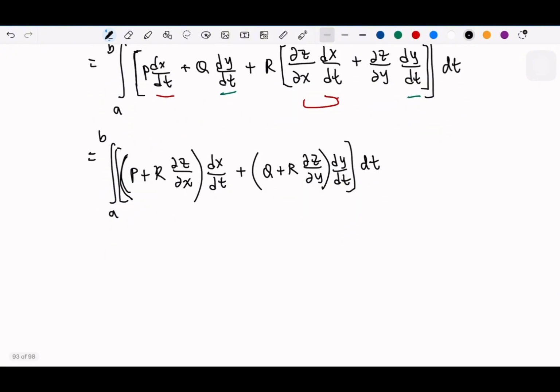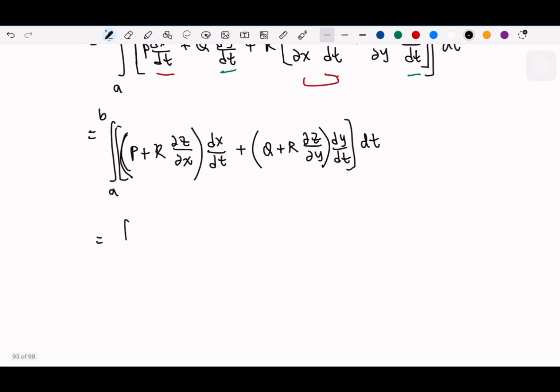Now, if we want to change this integration from a to b into a line integral, we can do that as well. We are going to write it back into C1, the curve 1, so we take this into a line integral with respect to C1.